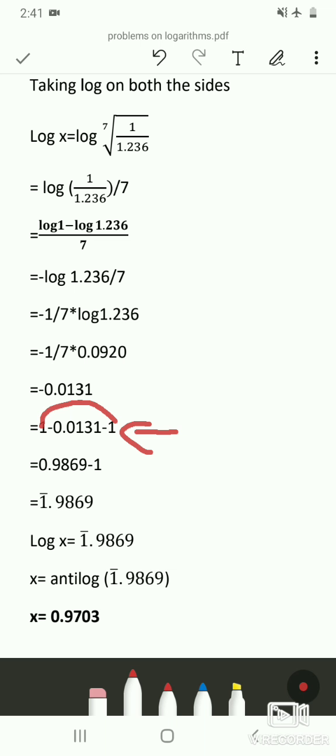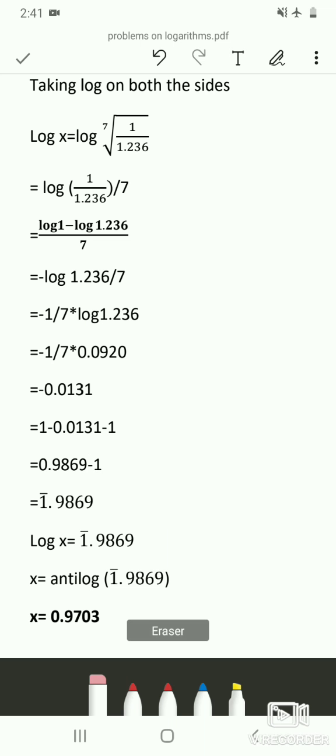We are doing this because it will be easy to calculate the anti-logarithm of this value instead of this value. So to get this value, we are adding and subtracting 1.